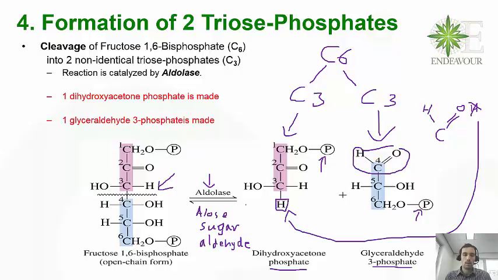That's how it's getting its name. It's creating this aldose, which is our glyceraldehyde 3-phosphate. By comparison, the dihydroxyacetone phosphate is actually a ketone, but the name of the enzyme came from the formation of this aldehyde.